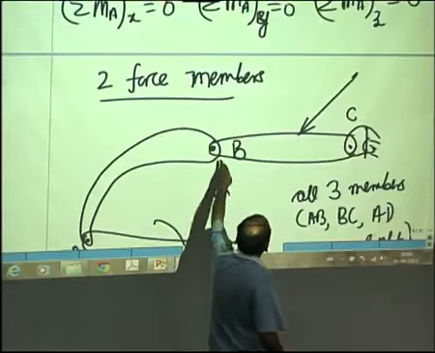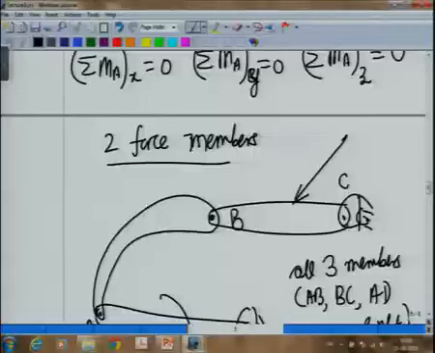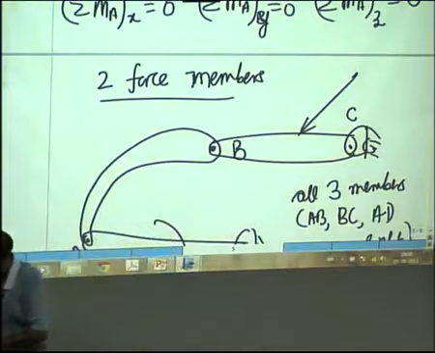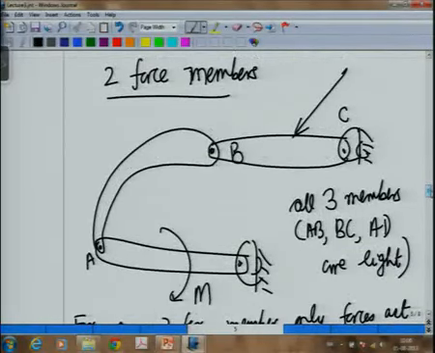Suppose this loading is given on this, you have to find the reactions at support C and at support D. If this was your problem, that you have to find the forces at C and D.